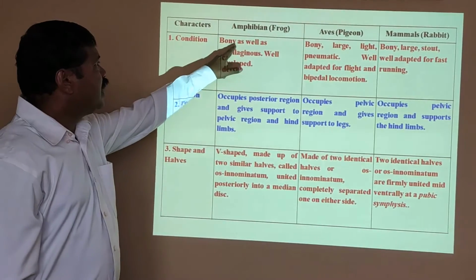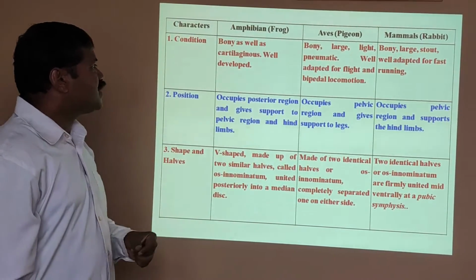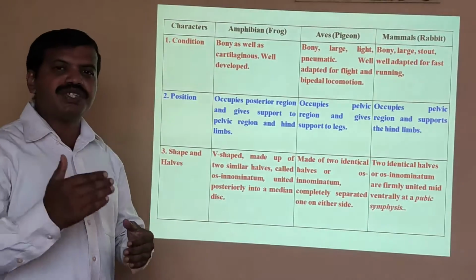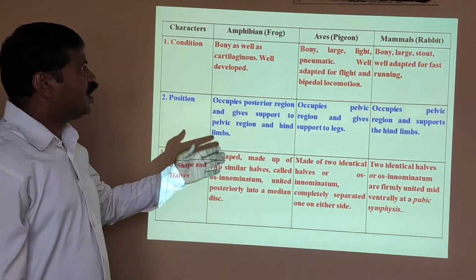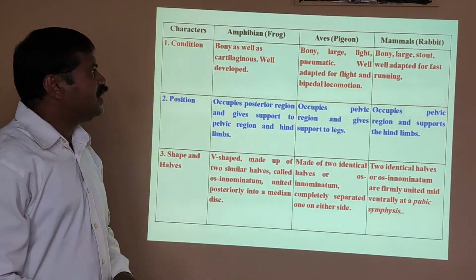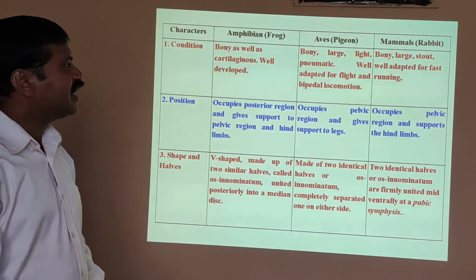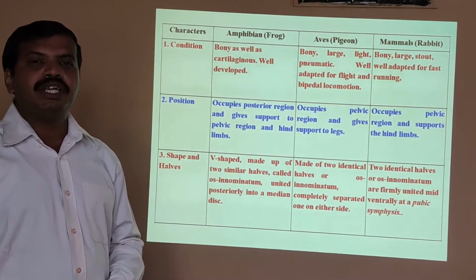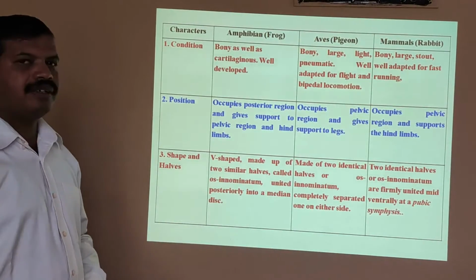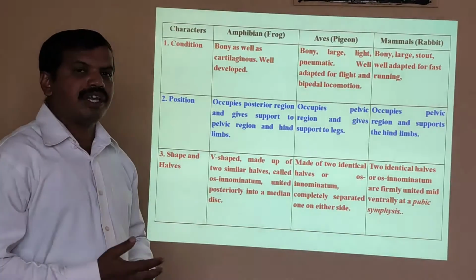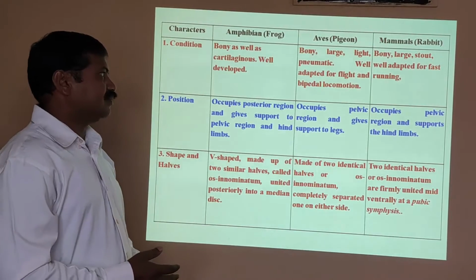In the case of the frog, it is bony as well as cartilaginous, and it is well developed. Whereas in the case of the pigeon, it is bony, large, and light in weight, because in birds the bones are pneumatic. They are filled with air sacs.